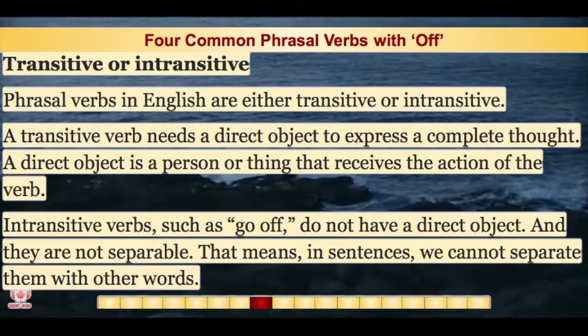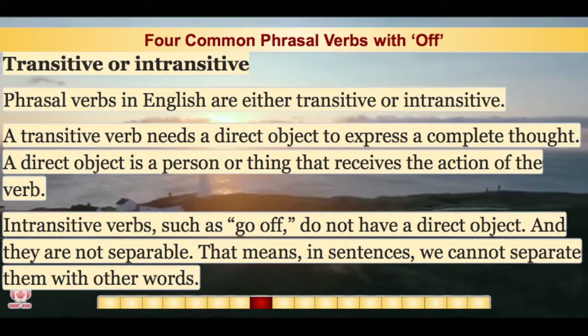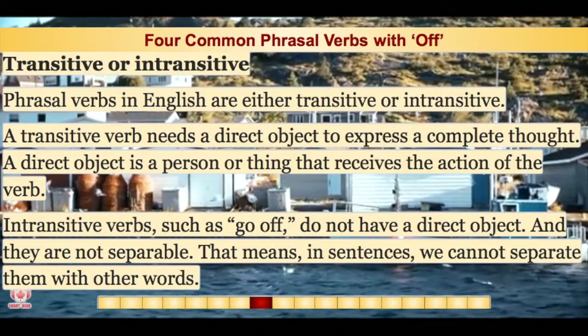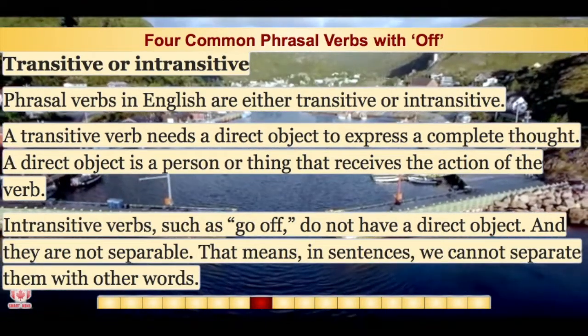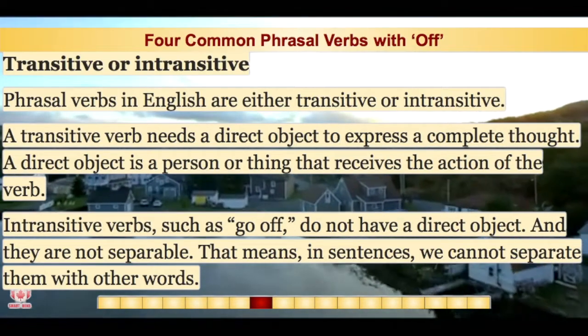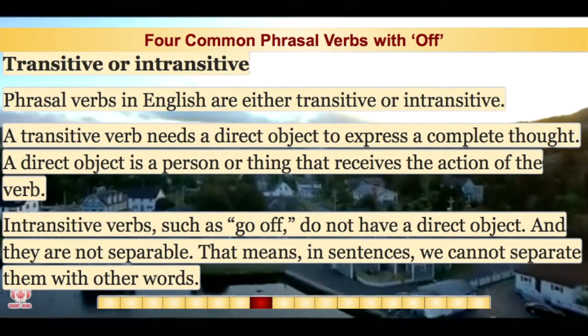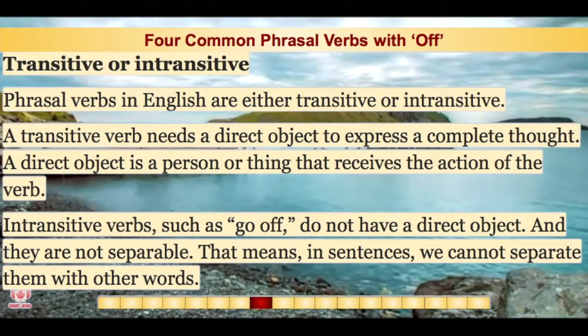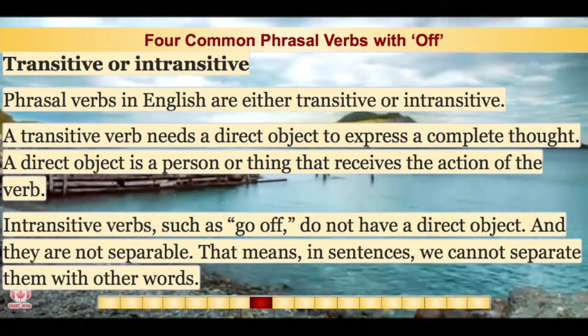A direct object is a person or thing that receives the action of the verb. Intransitive verbs, such as go off, do not have a direct object, and they are not separable. That means in sentences we cannot separate them with other words.